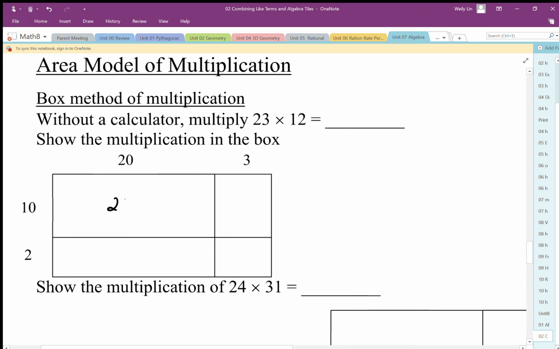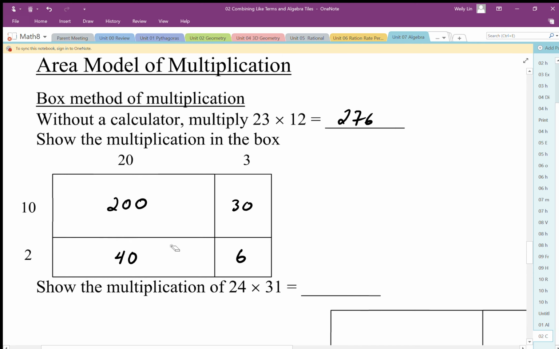So 20 times 10 is 200, 3 times 10 is 30, 2 times 20 is 40, and 3 times 2 is 6. And we add this all up, we get 276. So when we multiply 23 times 12, the answer is 276. If you're not sure, you can always try it in your calculator and confirm that that's the case.